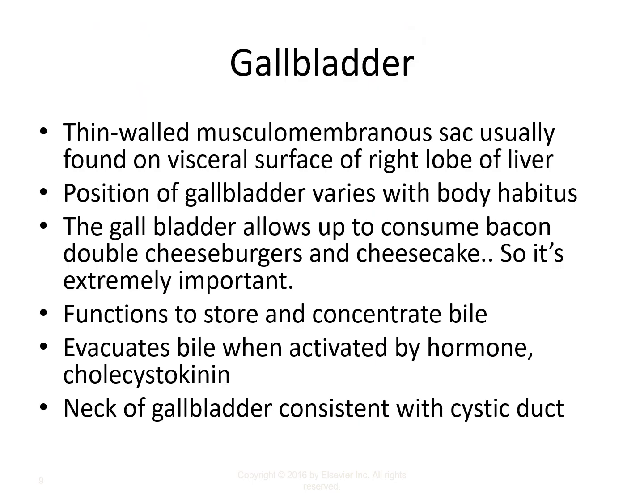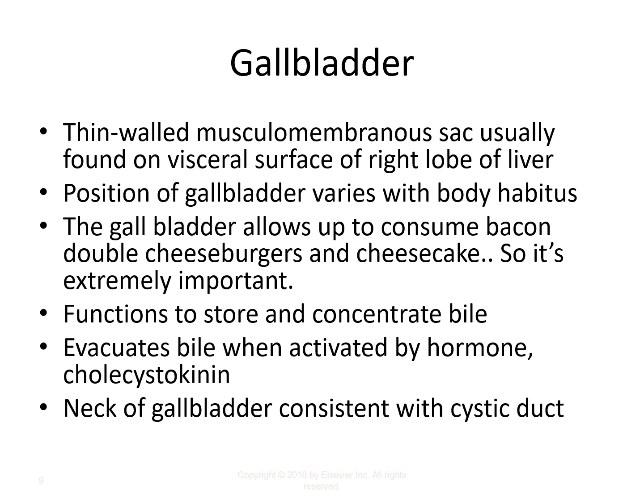All right. The gallbladder is a thin-walled musculomembranous sac. It is surrounded by smooth muscle, but there is an inner membrane, and it's a sac or a bladder found on the visceral surface of the right lobe of the liver.